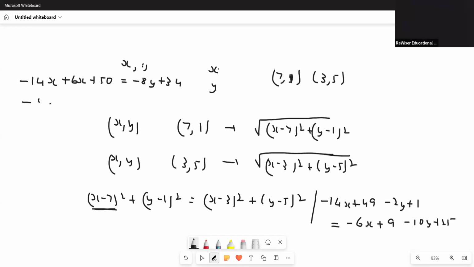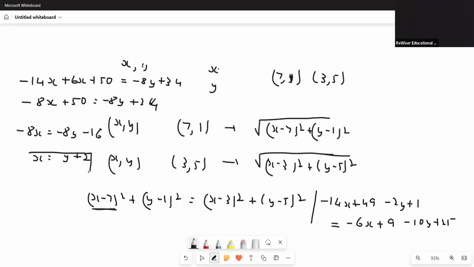So I got minus 8x plus 50 equals minus 8y plus 34. Bringing 50 over, minus 8x equals minus 8y minus 16. Any doubts so far? I can take minus 8 out. So x equals y plus 2. That's the relation between x and y we are looking for.